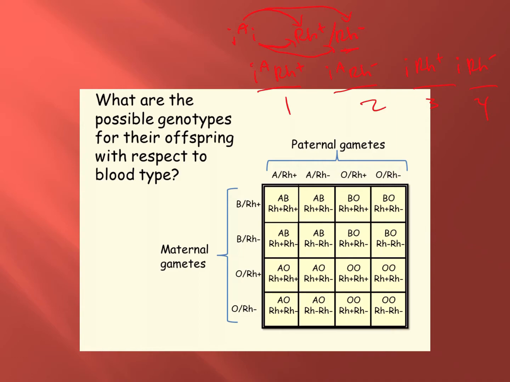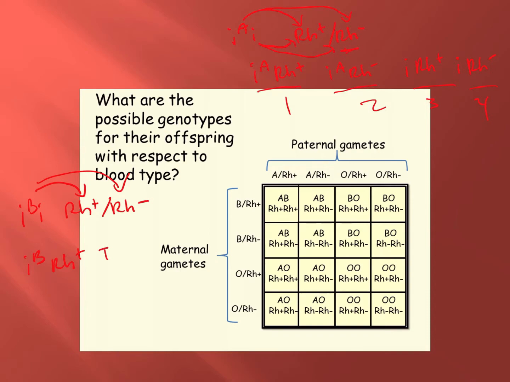Okay, now let's write mom on the left-hand side here, and let's figure out her possible gametes. So mom is BO, all right, which means she's actually IBi, and she's Rh positive, but she has the information for that rhesus negative factor. She's heterozygous. Okay, so the cross here, possible gamete number 1 is going to be IB Rh positive.